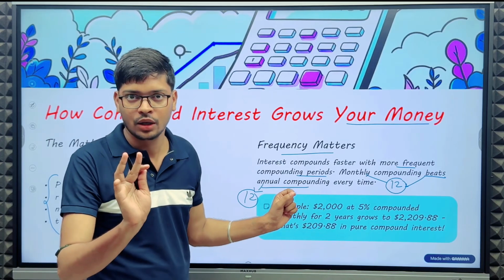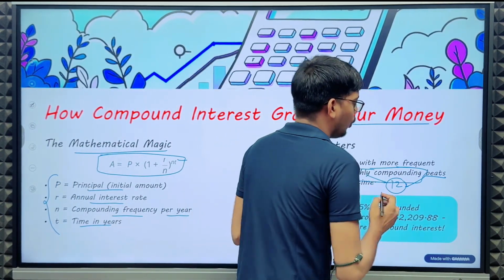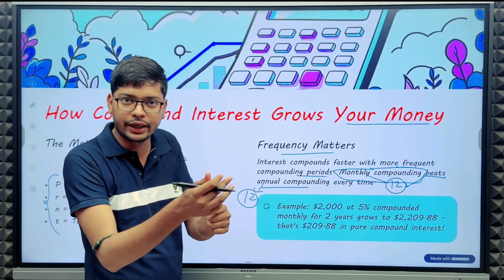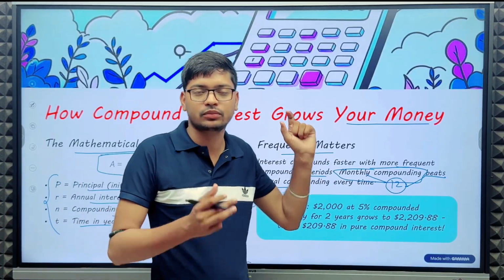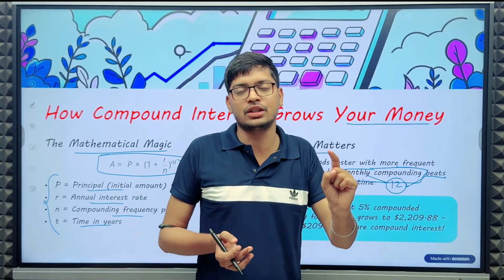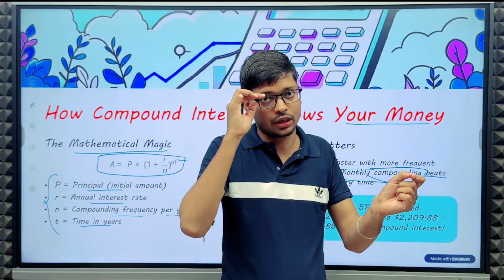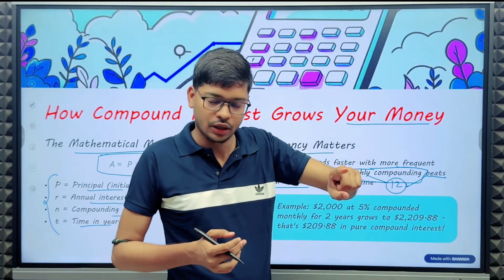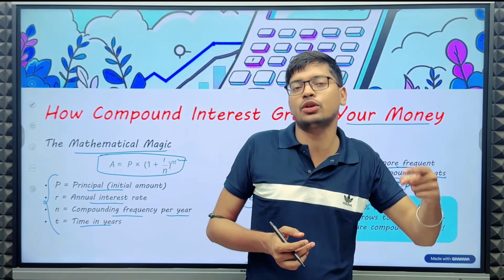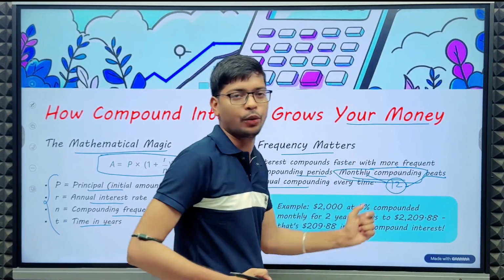Now you understand, because in monthly compounding the compounding rate always changes, and there is interest on interest, and each and every time your month changes, okay, your compound interest will also change, because it is monthly compounding.